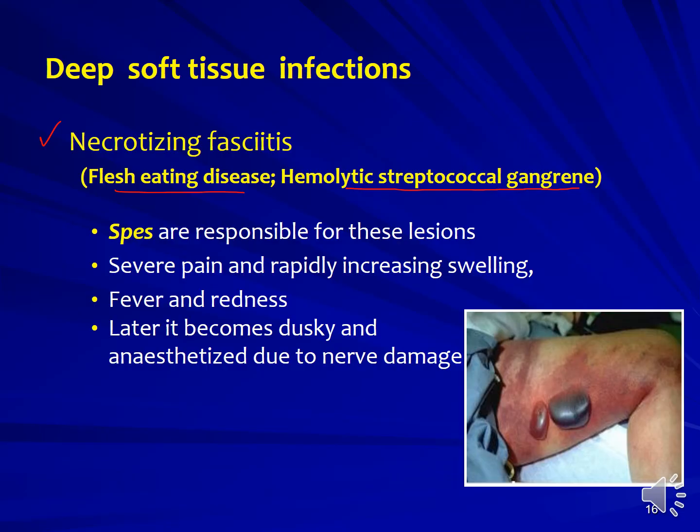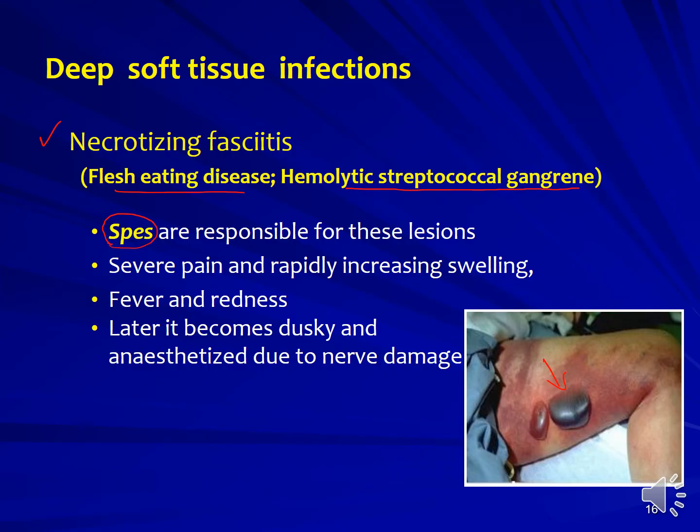And here our clinical manifestations are mainly due to the SPEs, that is streptococcal pyrogenic exotoxins, which are very effective and produce this kind of lesions. See how the lesions are seen, with big bubbles with gas formation.